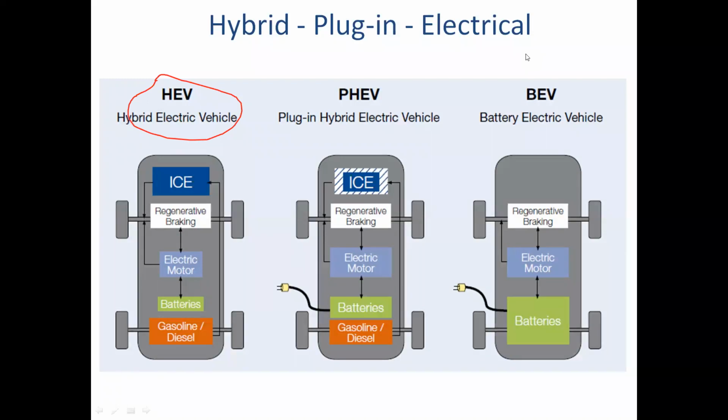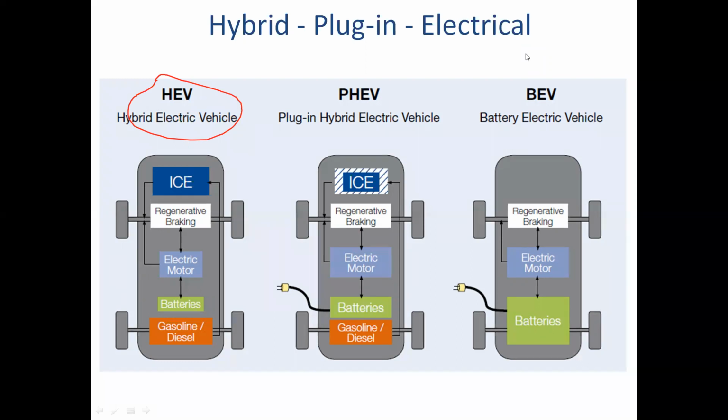Now look at the size of the IC engine. IC engine is shown bigger. That yellow ICE part is very, very big. Battery is very, very small. And there is regenerative braking and the electrical motor is connected. So this is a hybrid electrical vehicle. That may be parallel, that may be series, or that may be parallel electric.